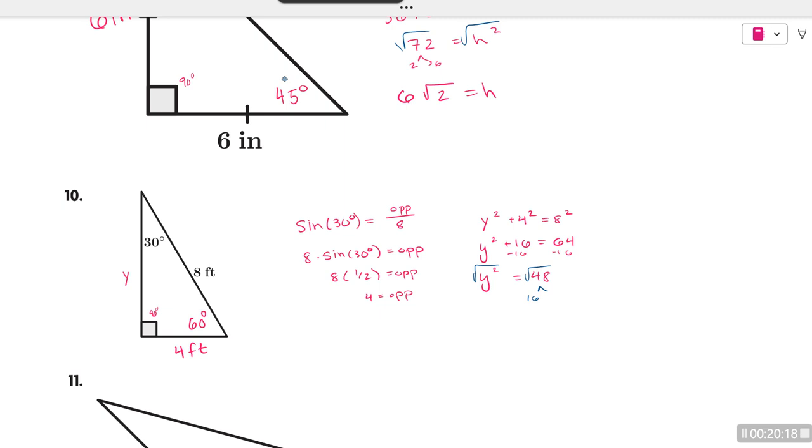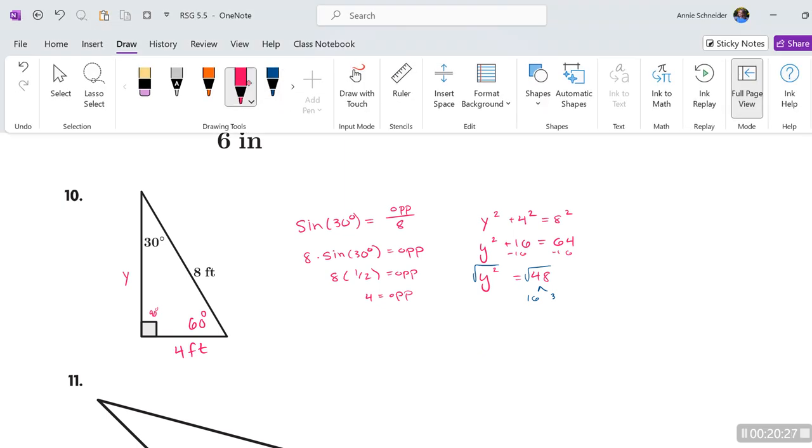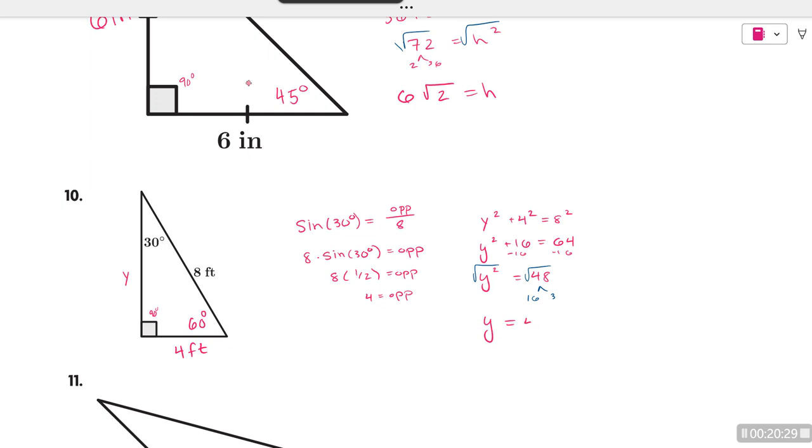And this one does, 48 is multiple of 16 times 3, and since 16 is a perfect square, we can take the square root of 16, which is 4, and the 3 is left on the inside. So this is going to be, I'll keep the y there, 4 root 3 feet.